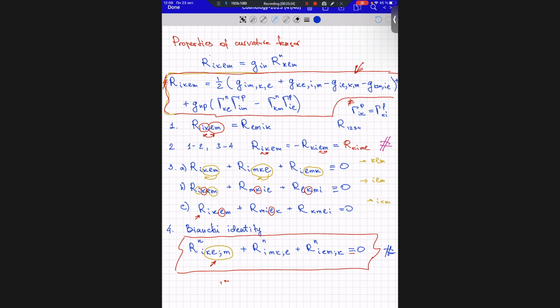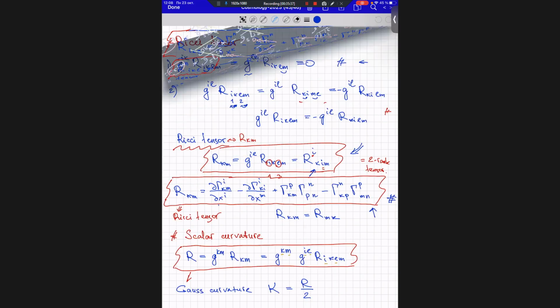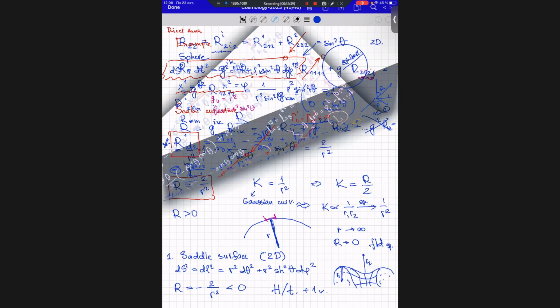It means that if you have a covariant derivative of the curvature tensor and we make the corresponding cyclic permutation, this equals 0. And now I will use it.